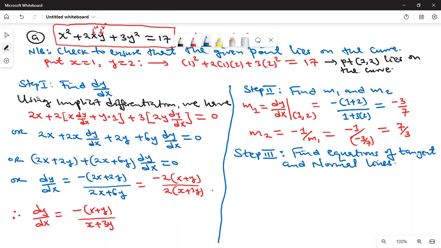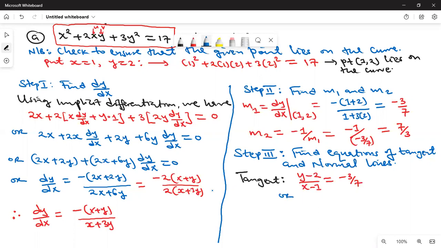So let's start with the tangent line. Change in y, that is y minus 2. Change in x will be x minus 1, is equal to M1, which we have found to be negative 3 over 7. That is the equation.